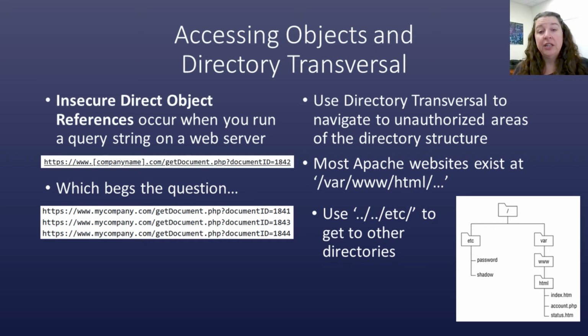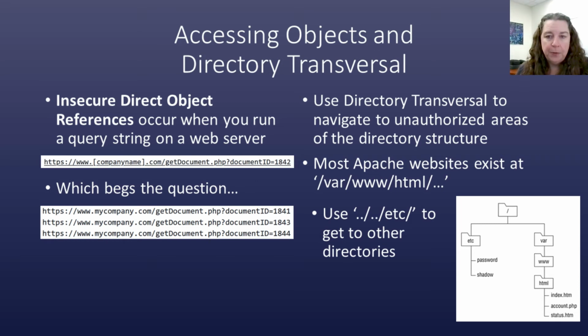Another problem that's occurred is what we call directory traversal. And this has become a problem not only for most web servers that are on a network, but can also be a problem in cloud environments. Directory traversal allows you to navigate to unauthorized areas by just using the dot-dot-slash notation to go up a directory. So in most Apache websites, you usually go down the var directory and then into the www directory and then into the HTML directory, and you go find your index.html.